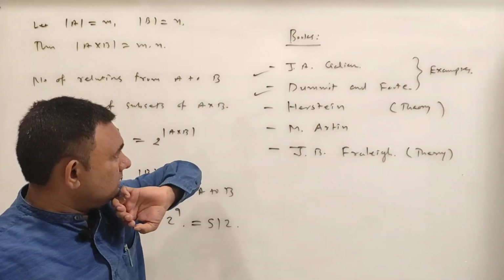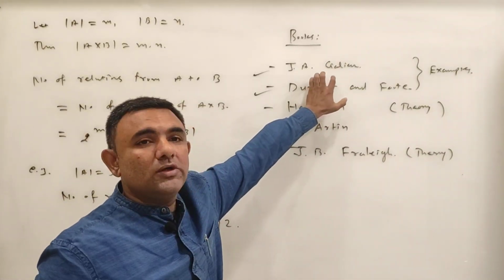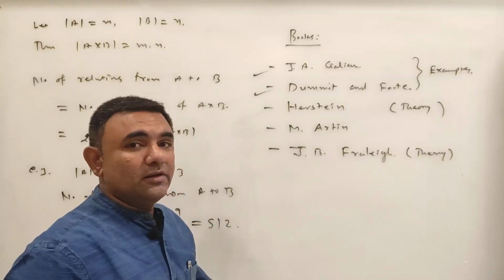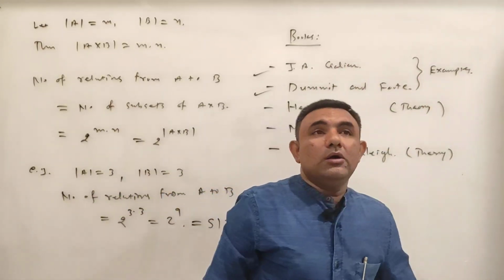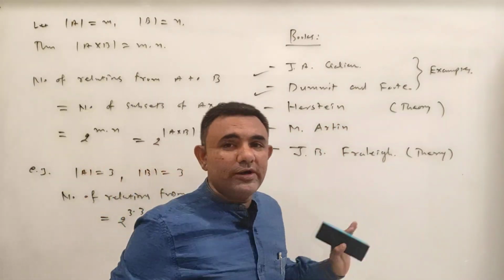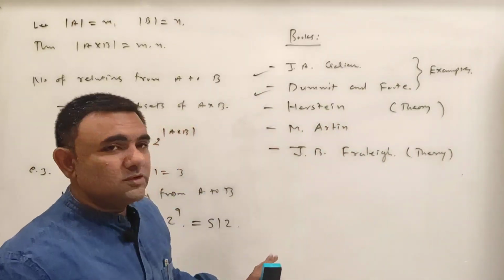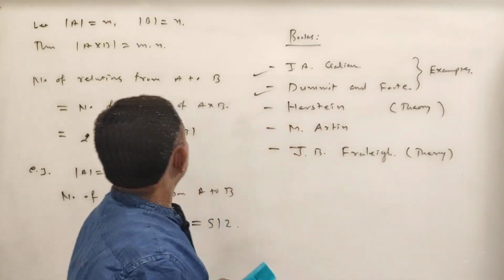But if you are a beginner, then I will suggest you go for J. Gallian. This one is a very nice book. Or another way is you just refer to this material. You don't have to go through the books, but referring to a reference book is a good habit.